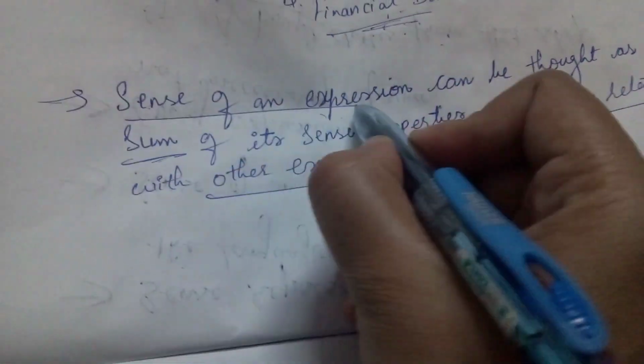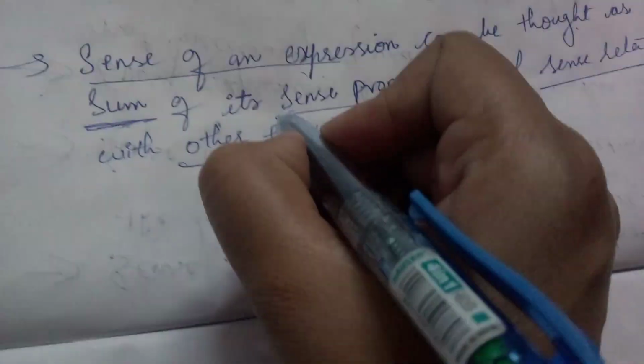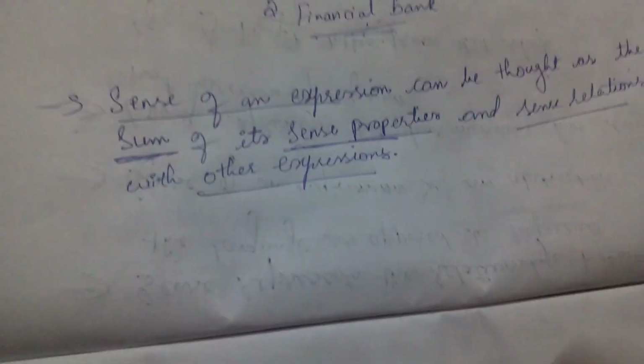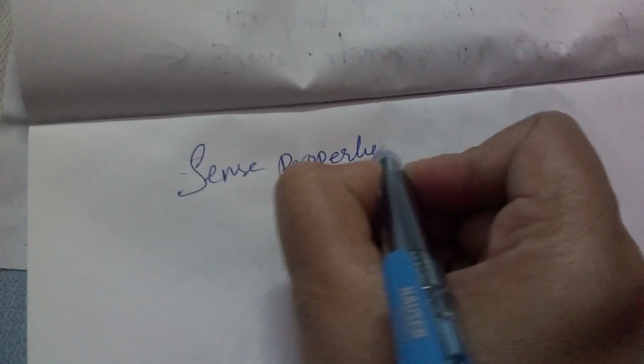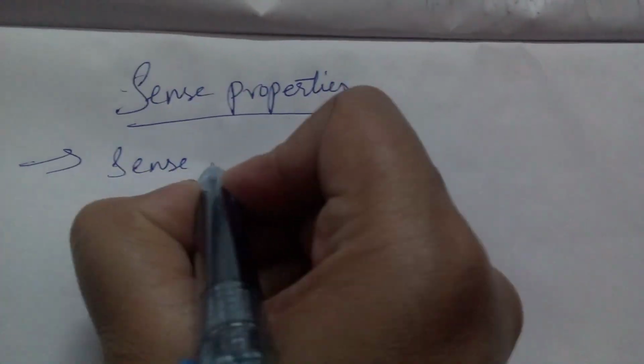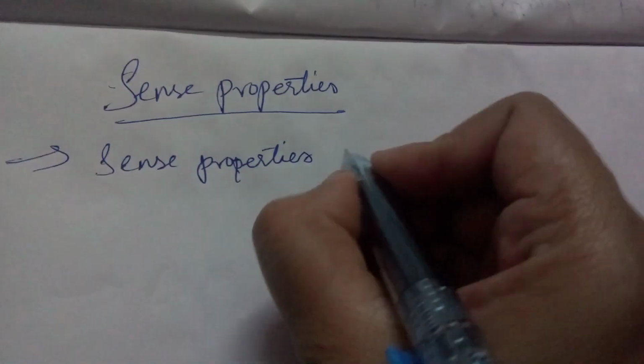Sense of an expression can be thought of as the sum of its sense properties. Okay, sense properties. Sense properties are three in number.